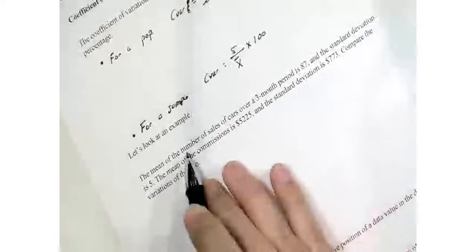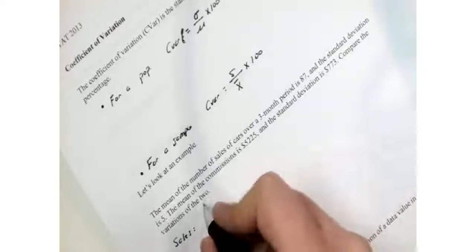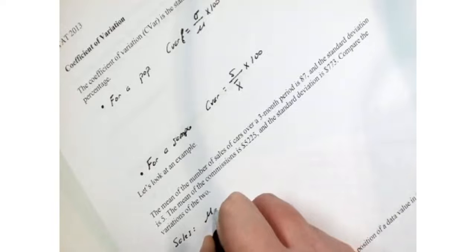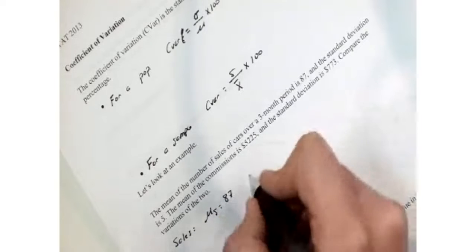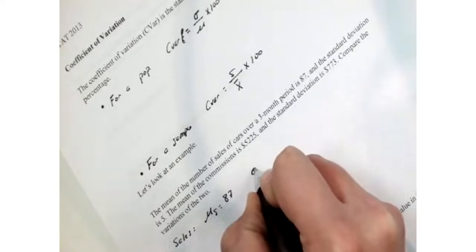We want to find the coefficient of variation for sales and for commission. I did it like this. The mean for sales was 87, and the standard deviation was 5.